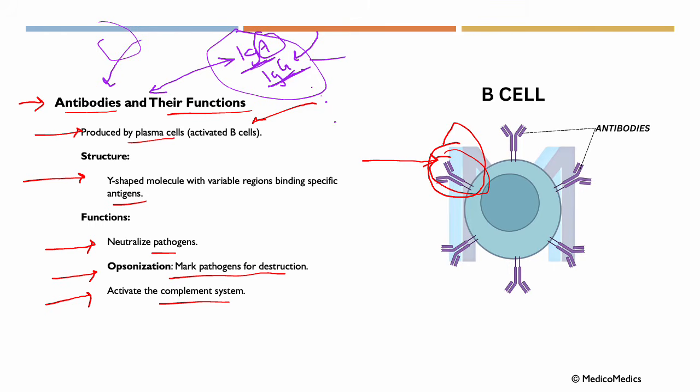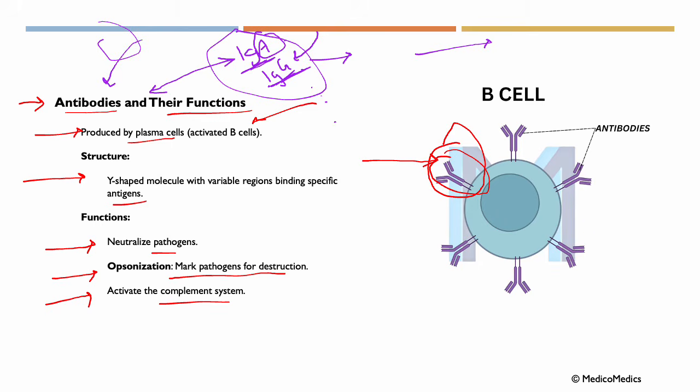Now, these are specialized proteins produced indeed by our plasma cells, which are activated B cells, and they are produced in response to the presence of antigens, so foreign molecules or a pathogen like a virus, bacteria, whatever. And they are a key part of the adaptive immune system because they target, like we said, specific pathogens to neutralize or mark them for destruction.